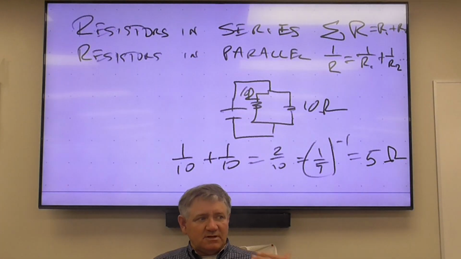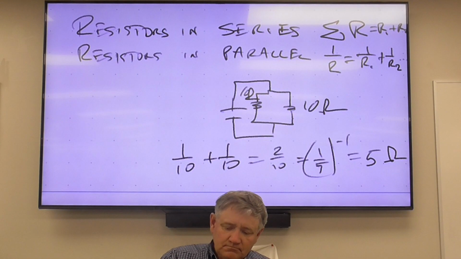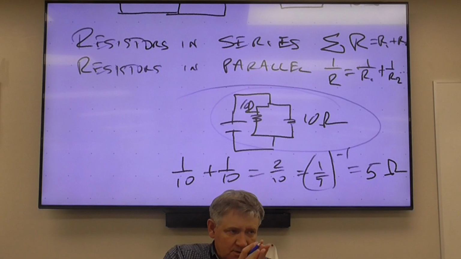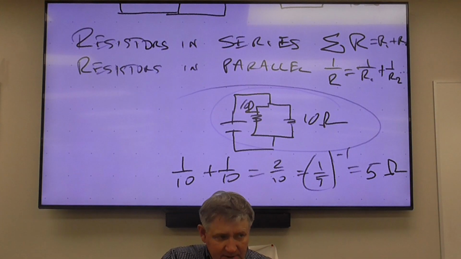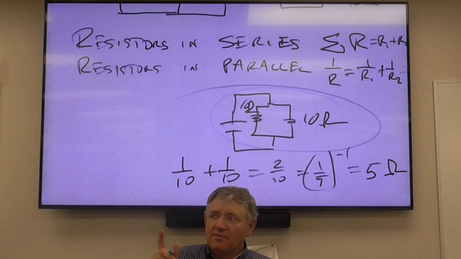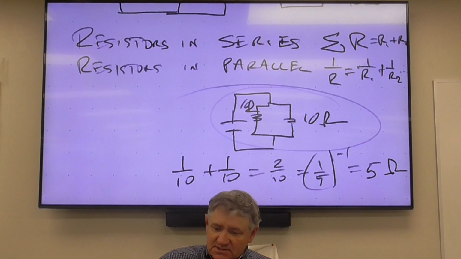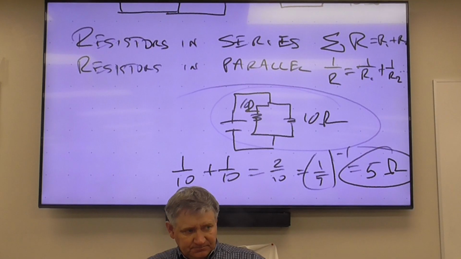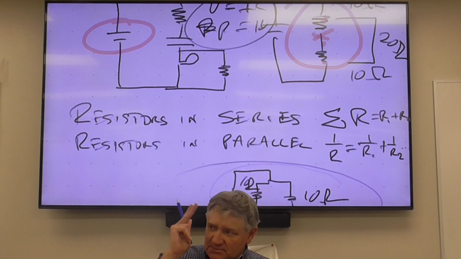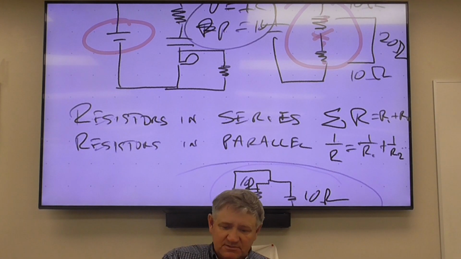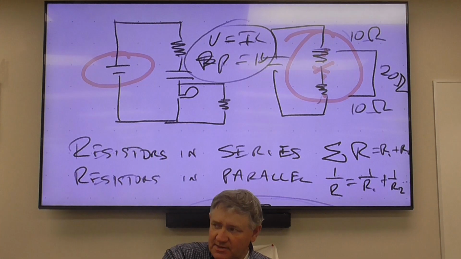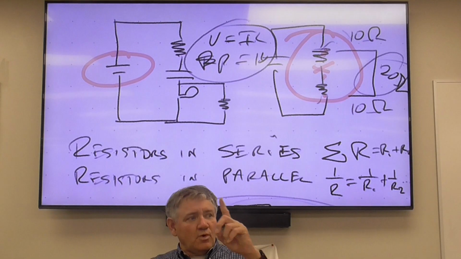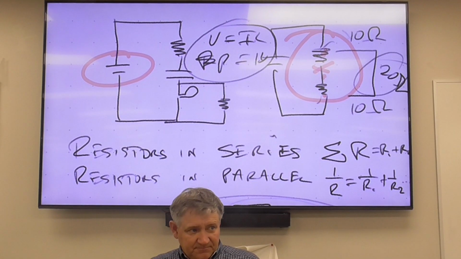So here's the difference. If I have two 10-ohm resistors in parallel, that has the equivalent resistance of one 5-ohm resistor. But if I take those same two 10-ohm resistors and I stack them in series, that has the equivalent of one 20-ohm resistor.